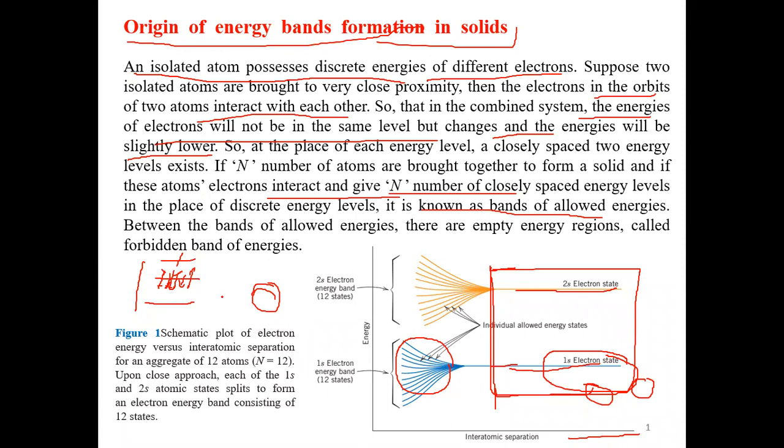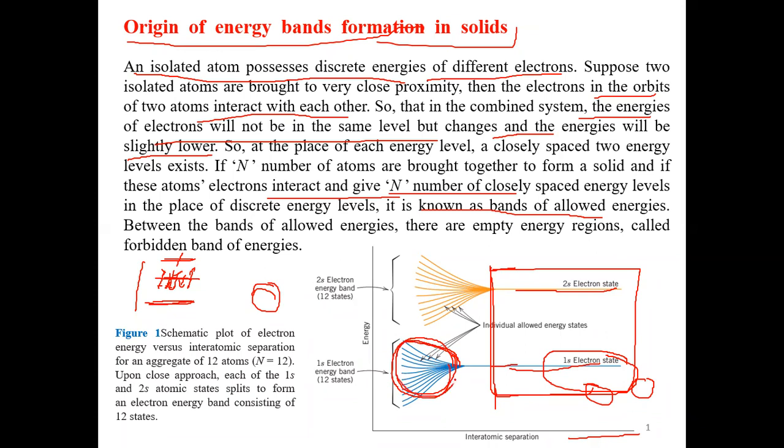So when you bring two atoms together, each energy level will be slightly lower. When you bring n number of atoms together, there is an interaction between the n energy levels. When the interatomic separation is less than the equilibrium separation, there will be n number of closely spaced energy levels.